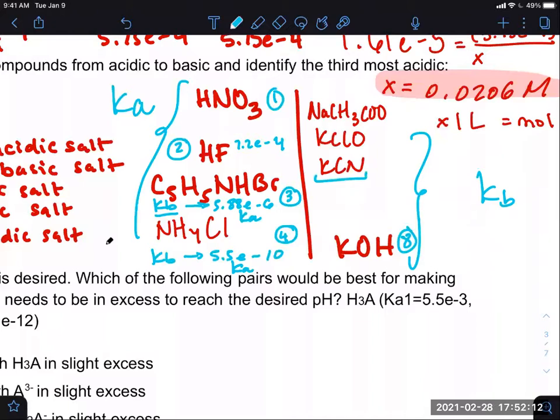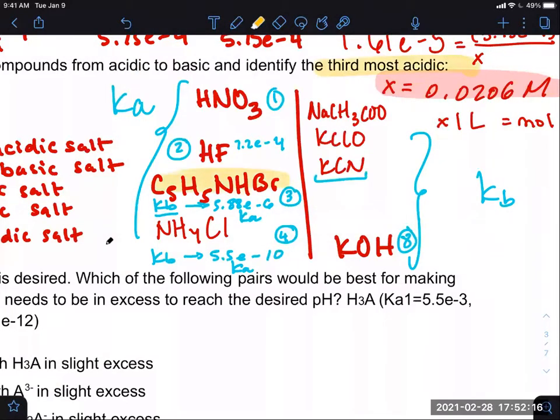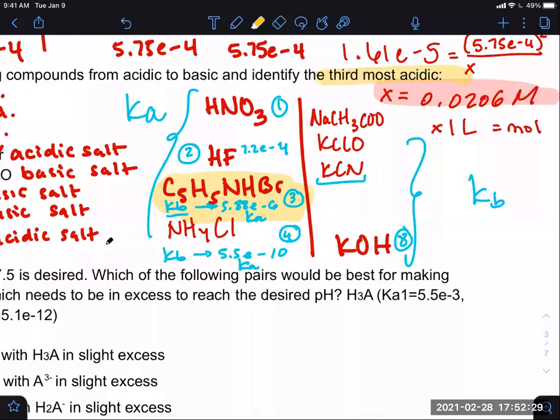Okay, great. So we know the answer because we're looking for the third most acidic, and it's going to be this one. I'm going to write out the order for all of them in case you did that and wanted to know. So this is the correct order. So we have 1, 2, 3, 4. And then on the right side, I'll write down the order.